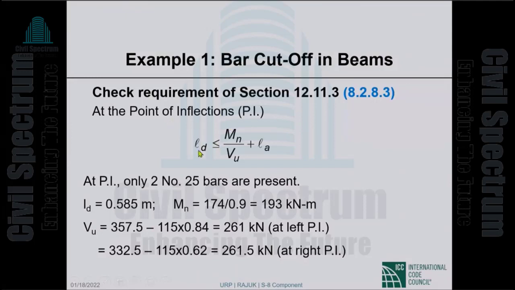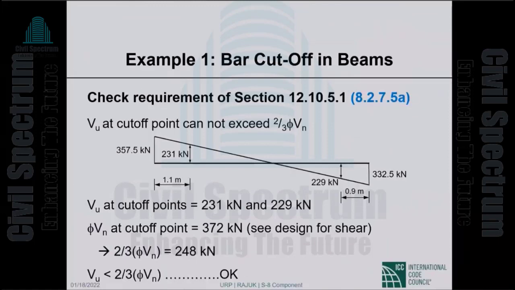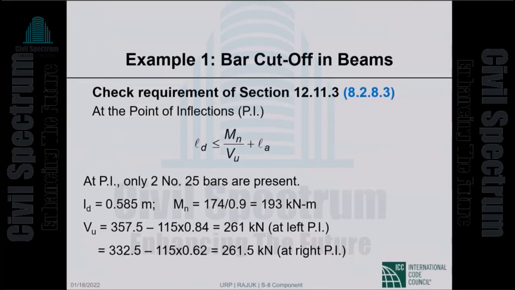L sub D cannot exceed M sub n over V sub U plus the embedment length. At the point of inflection, only two number 25 bars are present. Okay? At the point of inflection was 1.4. Anyway, you can check back.